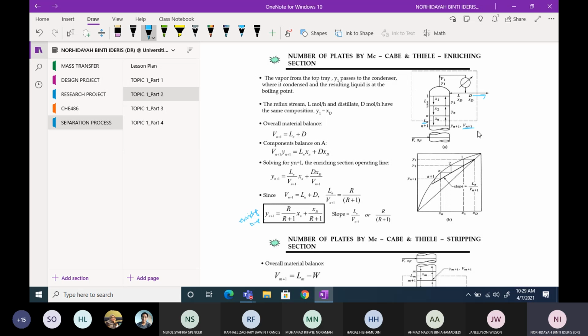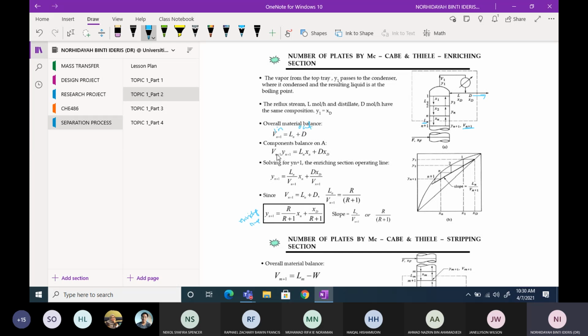Inside this dashed line, when you write down your overall material balance, it is very clear: whatever goes in is equal to whatever goes out. So Vn plus 1 is equal to Ln plus D, in is equal to out.